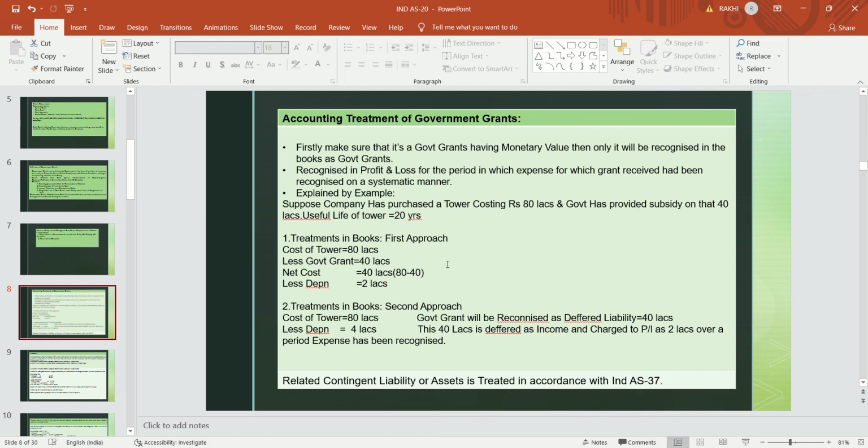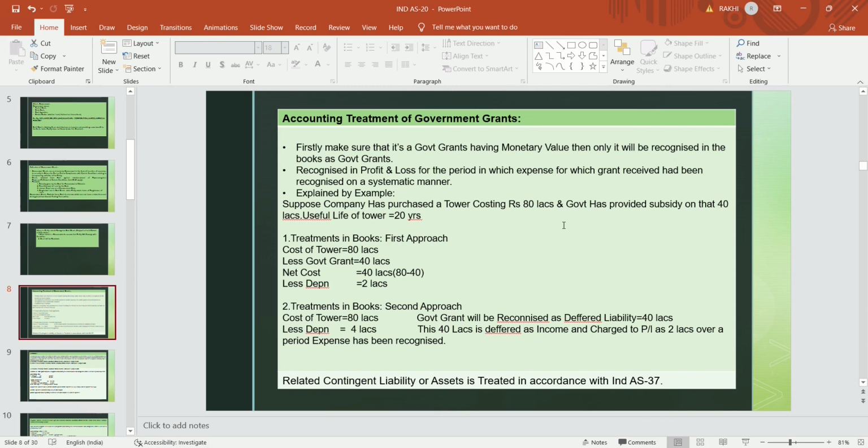That is, the first approach is the gross approach and the second approach is the net approach. In the gross approach, the cost and the grant are shown separately, but in the net approach the grant is reduced from the cost. First, we will discuss the net approach.